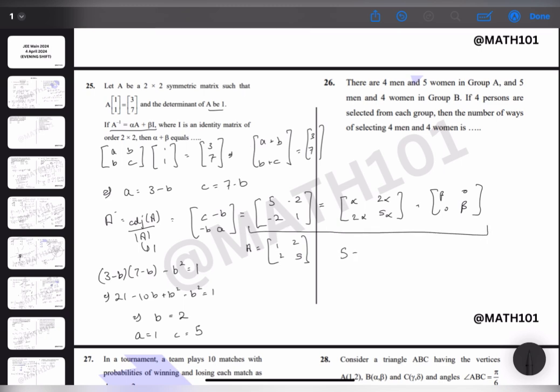Using this we get 5 equals alpha plus beta and alpha equals minus 2. That's what we need anyway, so the answer is 5. We don't need individual values, anyway you can find them. So yeah, moving on.